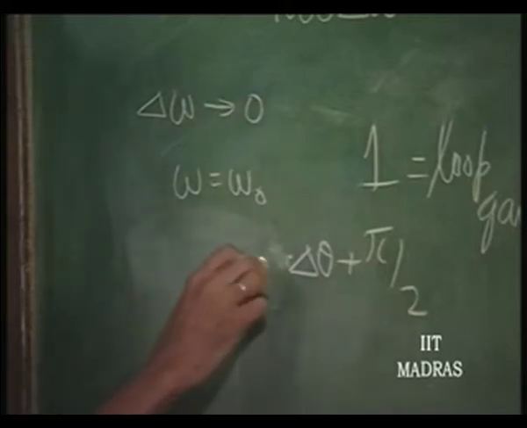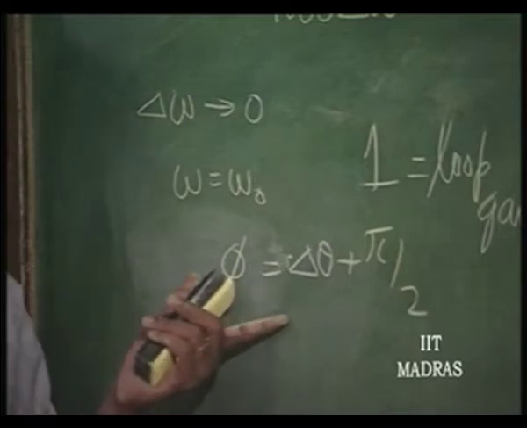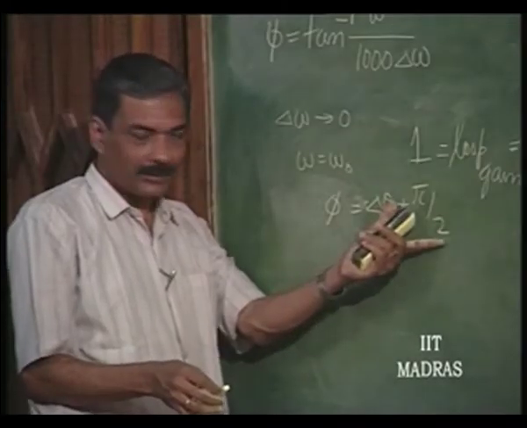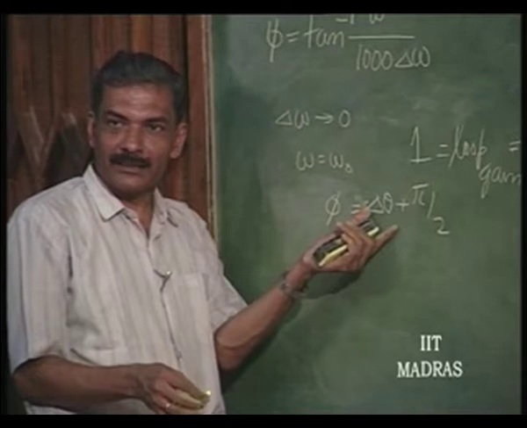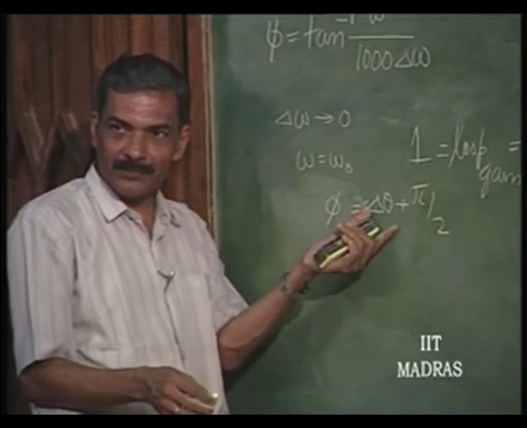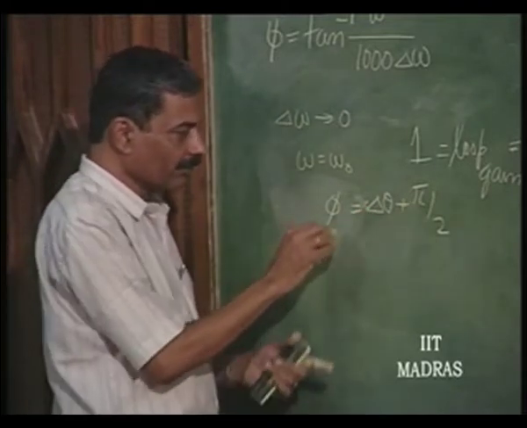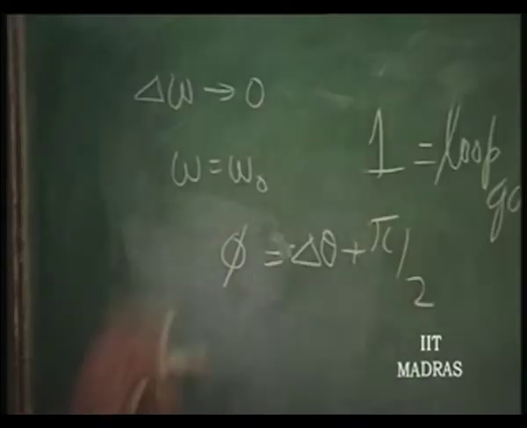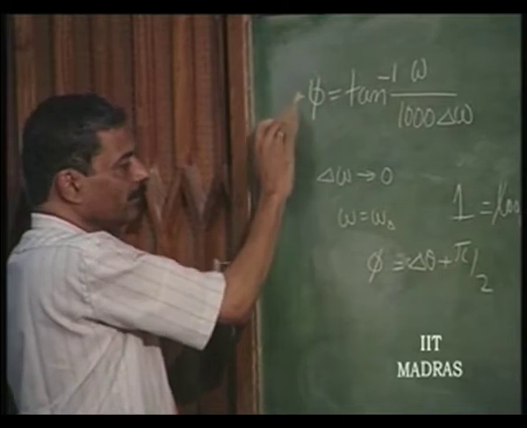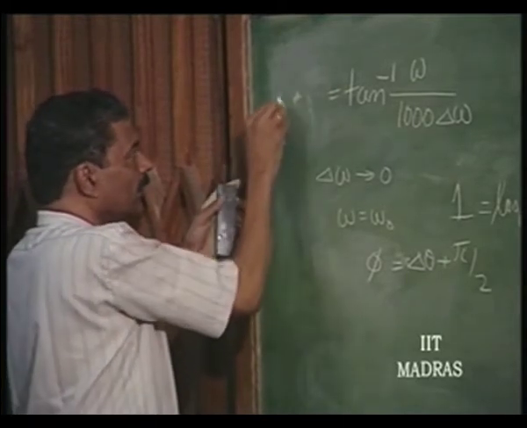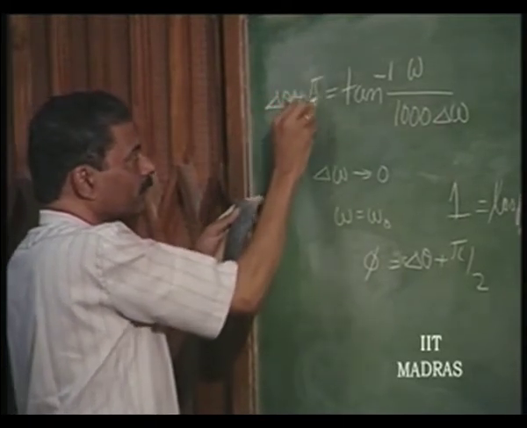How much it is going to be different from pi by 2 is going to be given by this delta theta, right. The phase is going to change from pi by 2. At omega equal to omega naught, it is pi by 2. So, if I put that, this is going to be delta theta plus pi by 2.